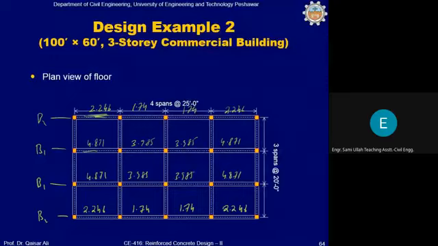Now with this you have to add, it is basically the load coming from the slab. The total load will be equal to this load plus the self weight of the web.